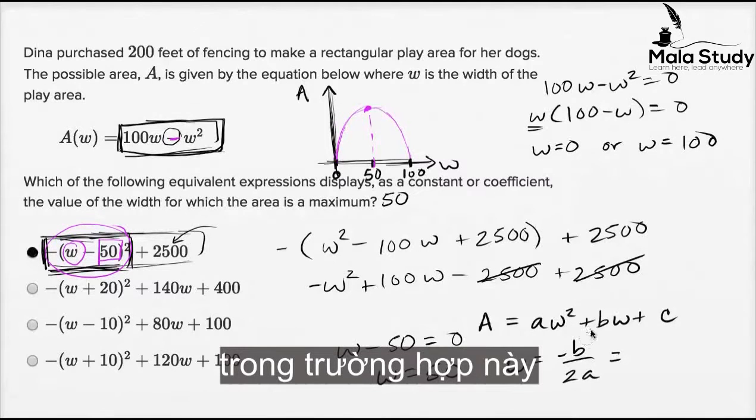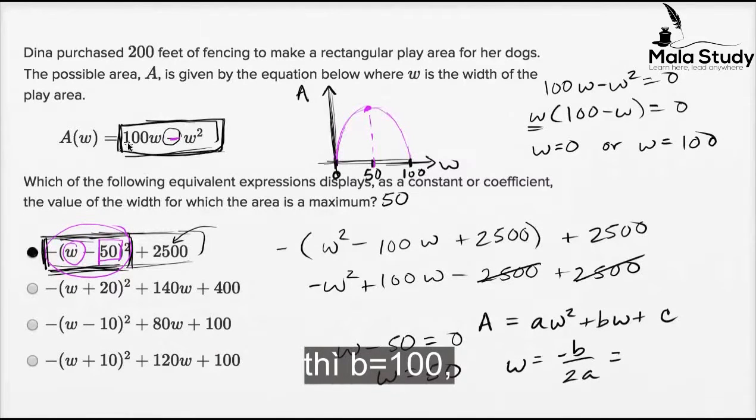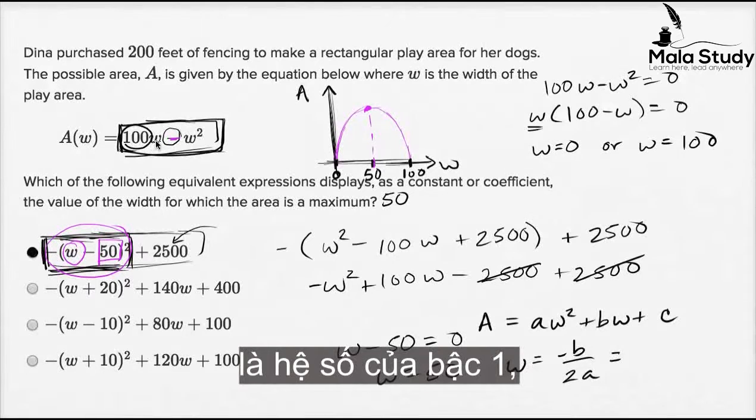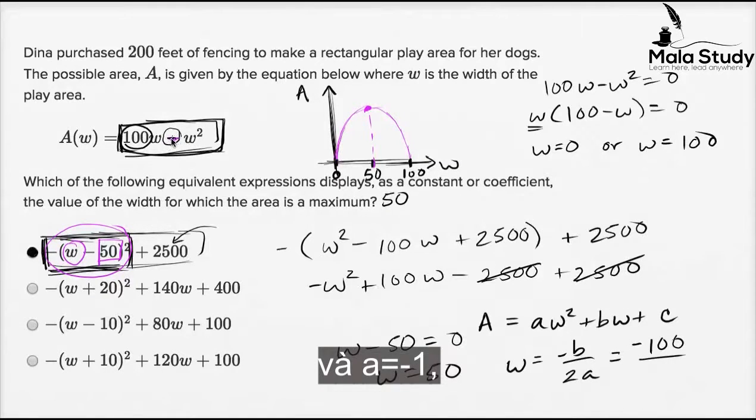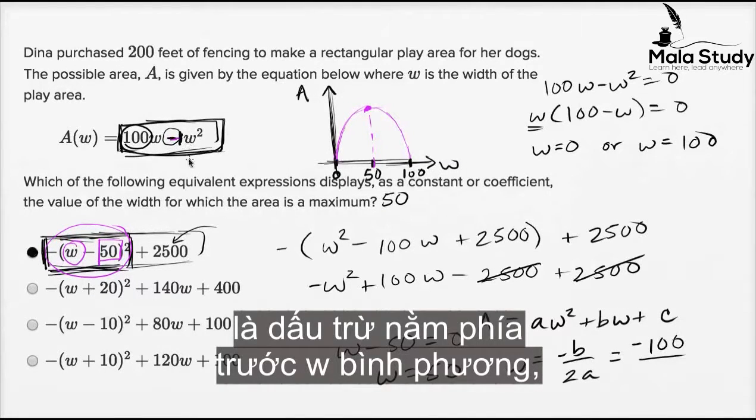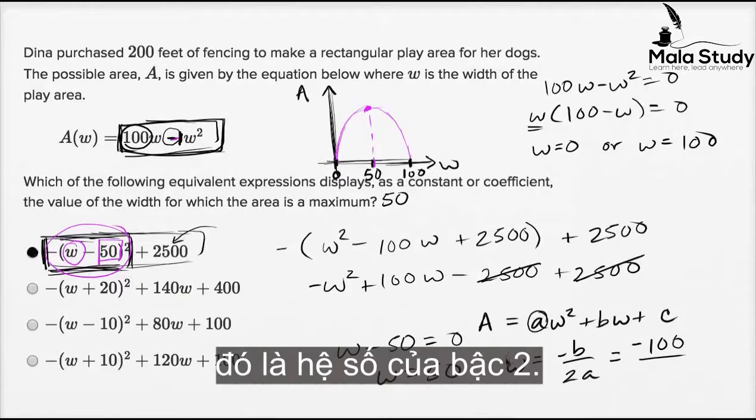And in this case, b is 100. It's the coefficient on the first degree term. So if b is 100, negative b is negative 100. And a is this negative 1 that's in front of the w squared. It's the coefficient on the second degree term.